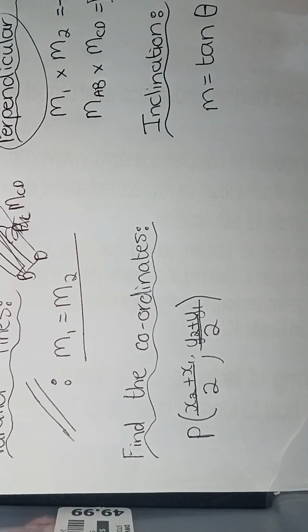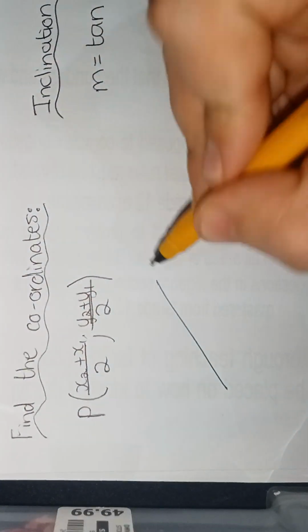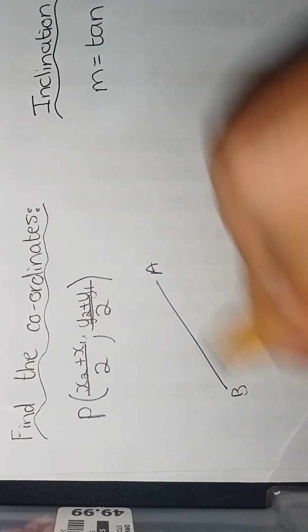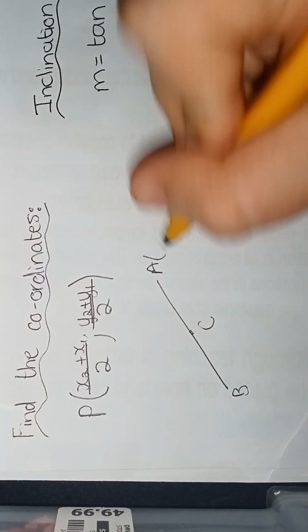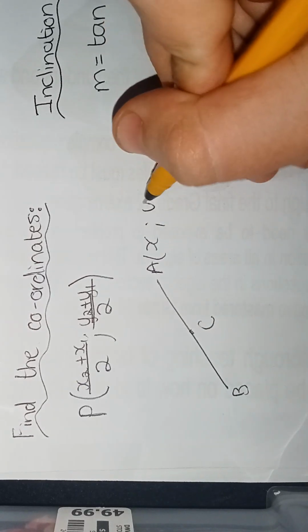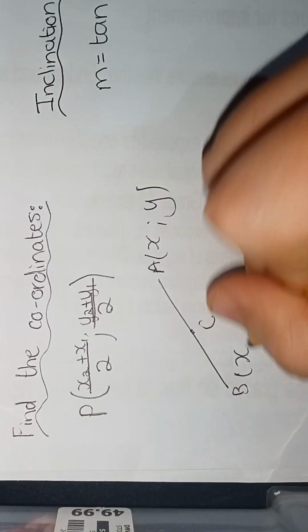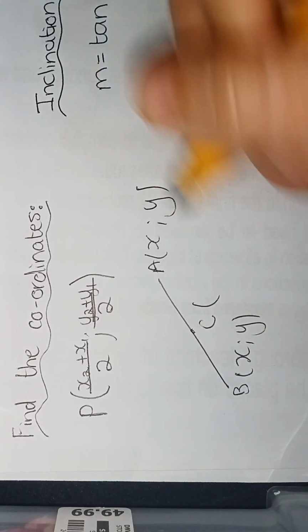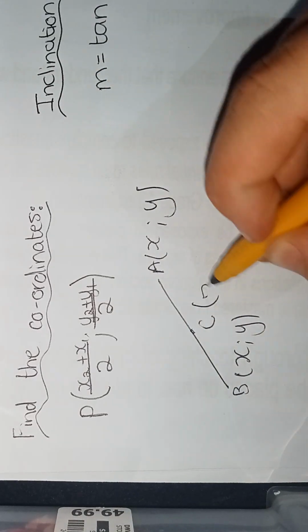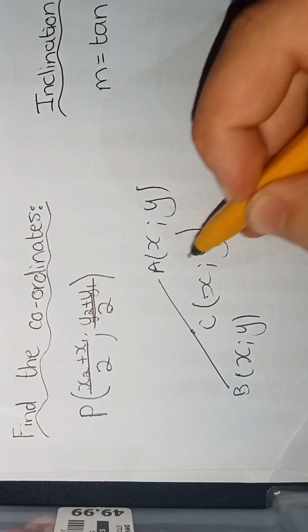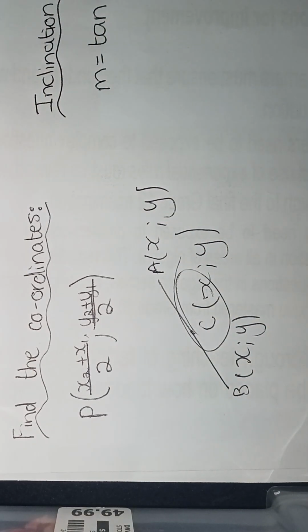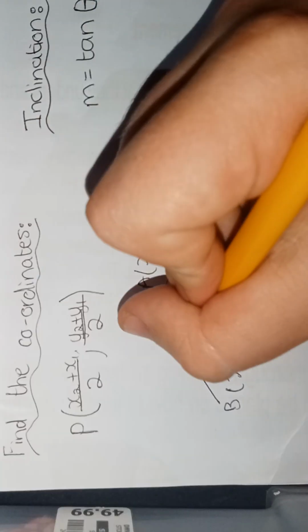Now they can ask us to find the coordinates of, say, it's usually like this: A, B, and point C. A has an x and a y value, B also has an x and a y value. And they want you to find the x and the y value, the coordinates of point C. Point C must be in the middle of the line.